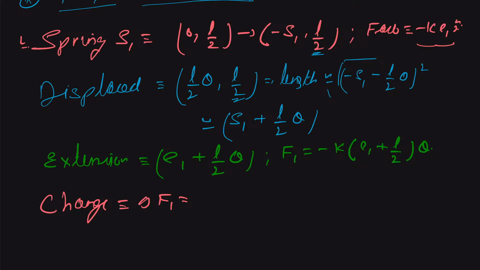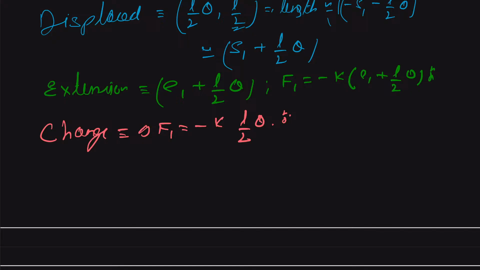Yes, this is our E1 and this is our theta, and here it will be x unit vector. So the change in force is equal to minus K L by 2 times theta, and we have this as x unit vector.